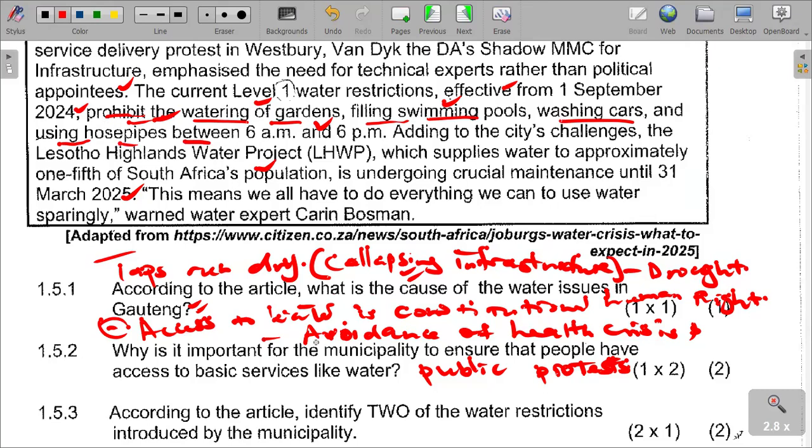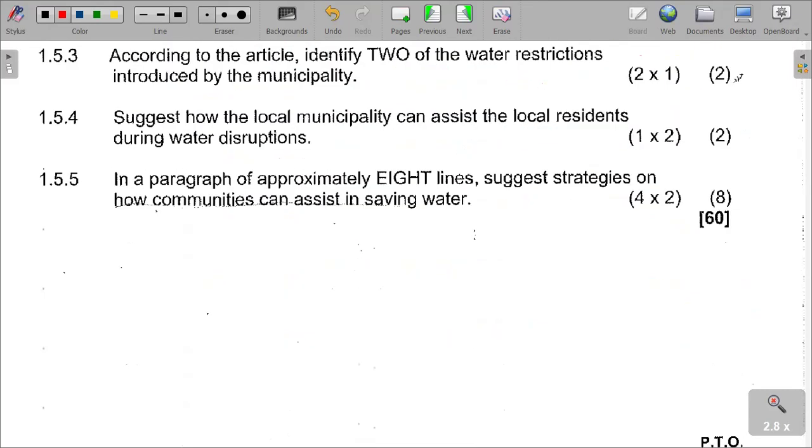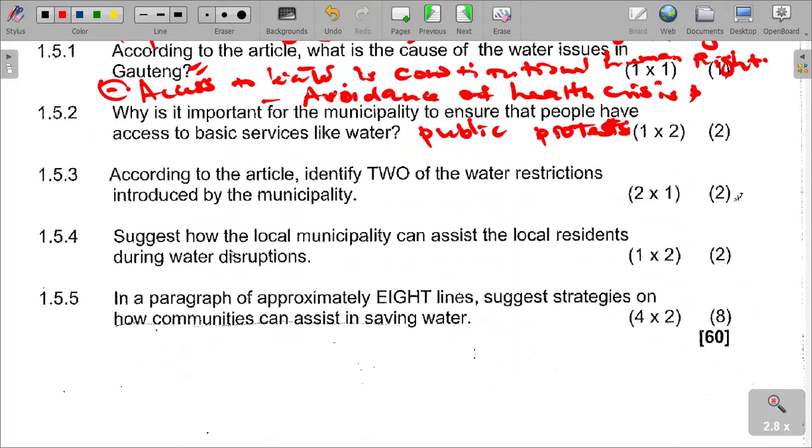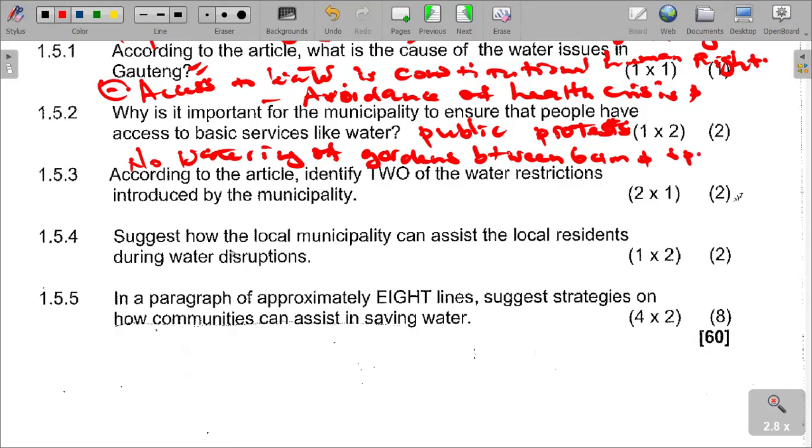All these are the restrictions we can talk about. What restrictions? No watering of gardens between 6 a.m. and 6 p.m. No one is allowed to water gardens.